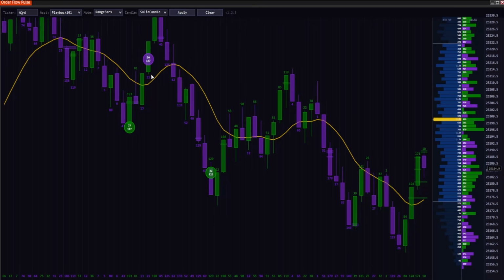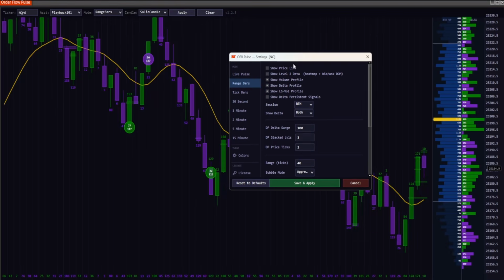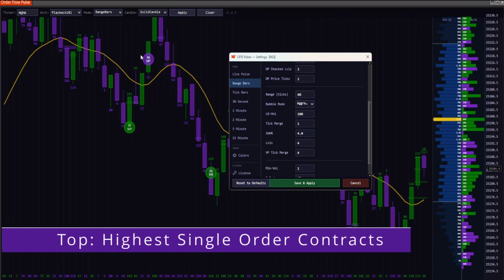Now I'm using a 40 range bar, and these are my settings for the 40 range bar. I have the range set to 40. The bubble mode is aggregated. These are the bubbles, the aggregated volume within milliseconds. The bottom number is the aggregated volume, and the top number is the highest traded contracts.